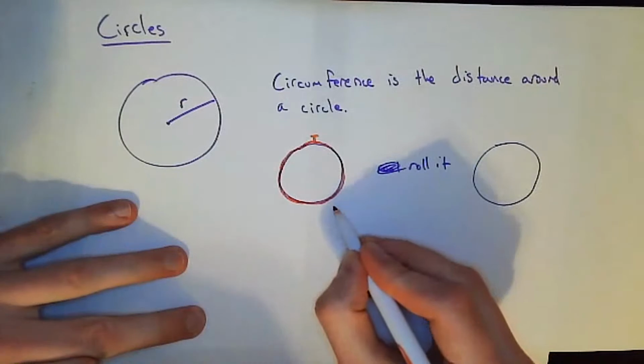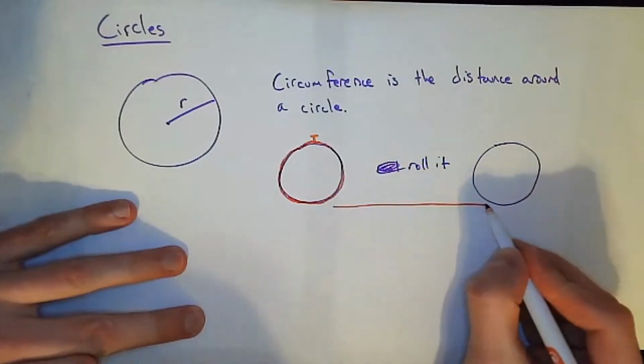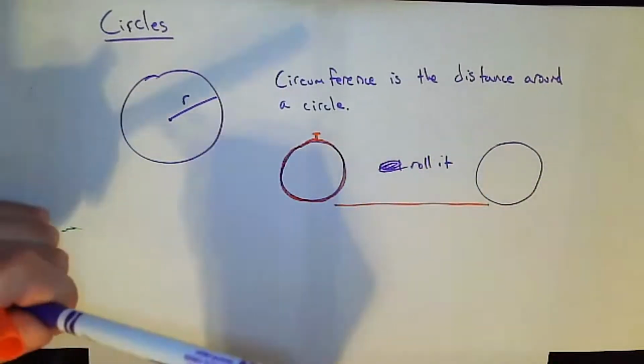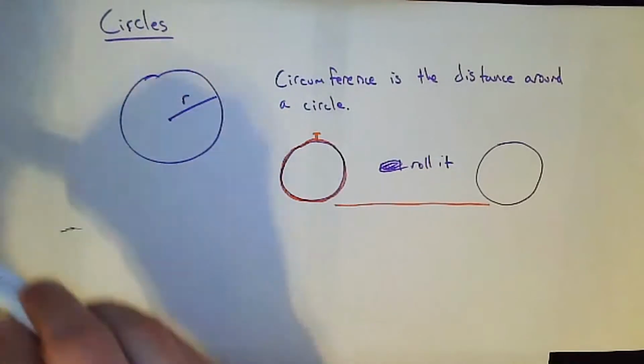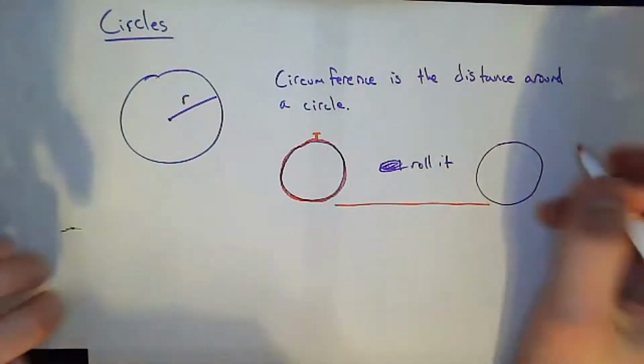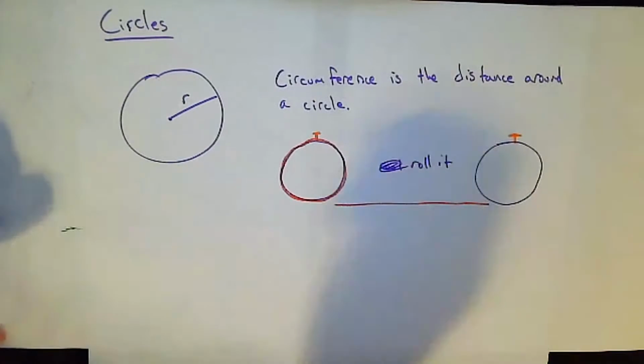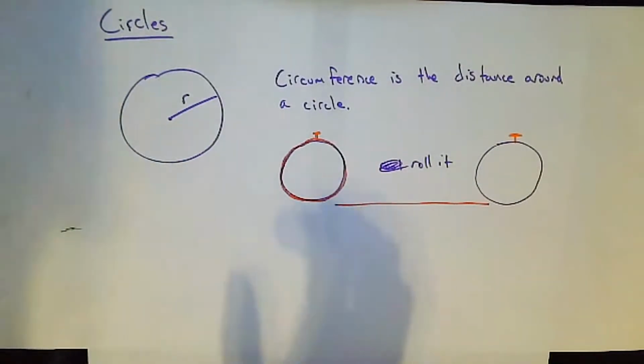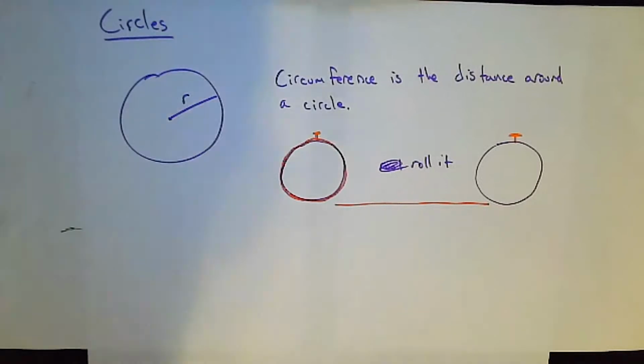And the length of that paint mark is going to be the circumference of the circle. So you roll it until the nail is back up top. One full revolution, and the length of the mark you left on the ground would be the circle's circumference. That's one way to imagine what circumference is.